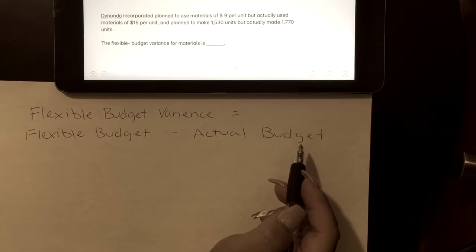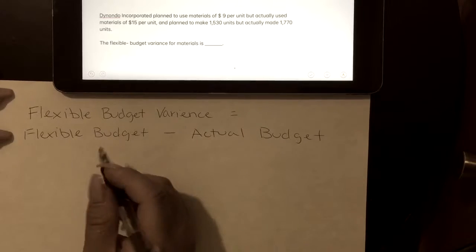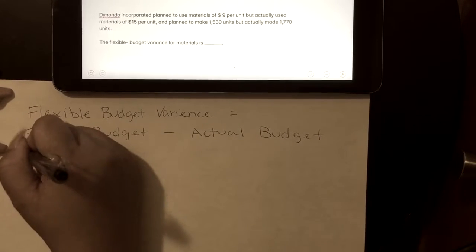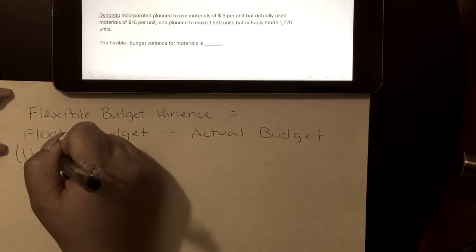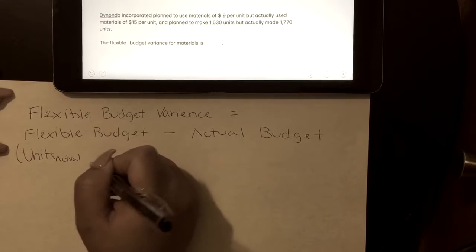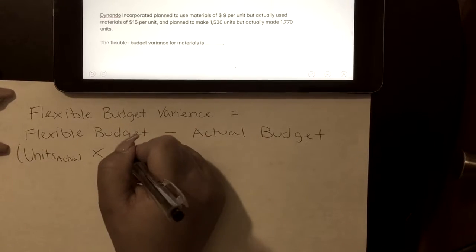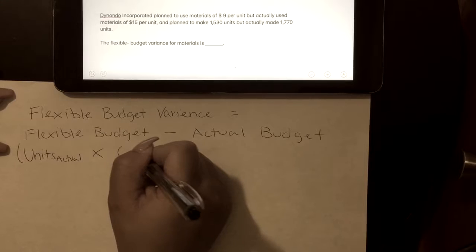Now, in order to figure out what our flexible budget is, it is going to be the units of actual multiplied by the budgeted cost.